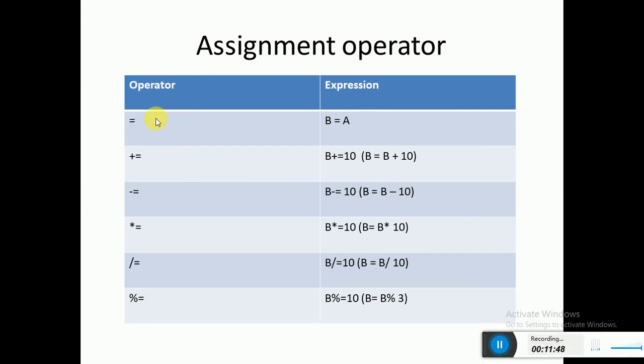Okay. So what I have done is I created a program for assignment operators as well. So this is called assignment operator. You can see that there is no input here.